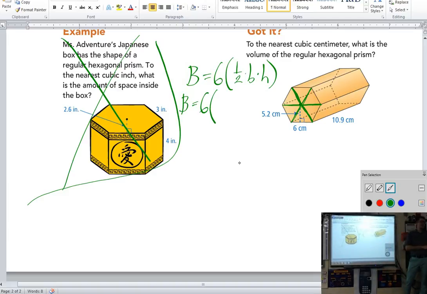By the way, if you want a shortcut, now shortcuts are oftentimes dangerous. You go through those dark woods, you might meet a wolf. I could immediately, if you felt like it, combine the 6 and the half, and I could just make my formula 3 times little b times little h. I caution you not to do that, because I saw people like, oh, I could just do this always.